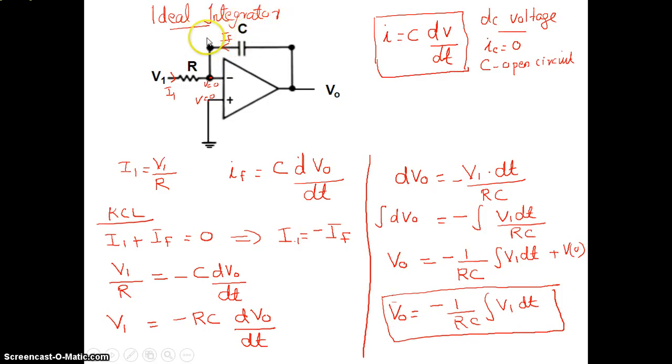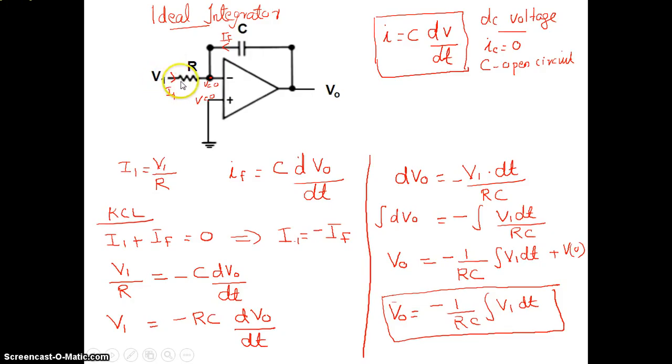This impedance is too high, that means the gain of the circuit, the impedance of the feedback path divided by the input resistance, is so high. So, in the ideal integrator case, at low frequencies of the input, we will be getting a very high amount of gain.